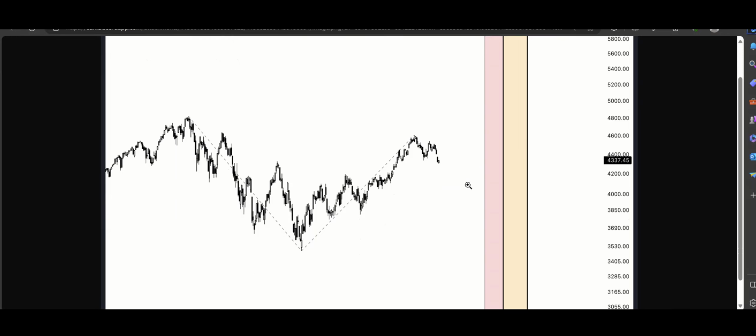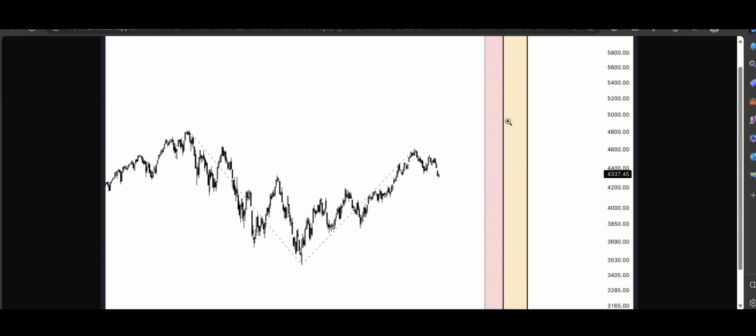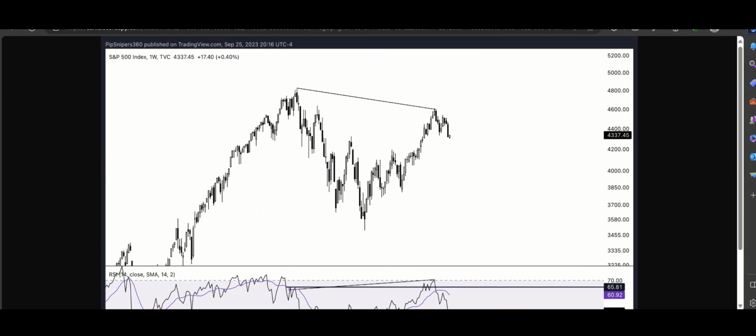Okay, so if you agree with the idea that the S&P is positively correlated to that of Bitcoin's price, that gives us more confluence to the possibility of the S&P going up when the halving kicks in for Bitcoin, starting a new Bitcoin bull run.